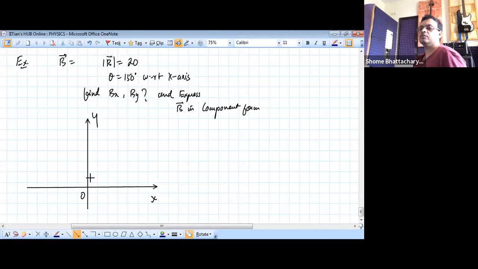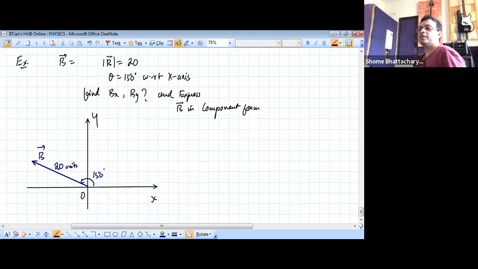It's making an angle of 150 degrees, so it would have to be like this. Something like this would be my vector b, with this angle being 150 and its magnitude being 20 units.